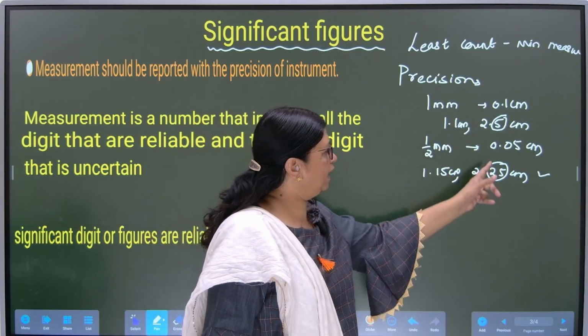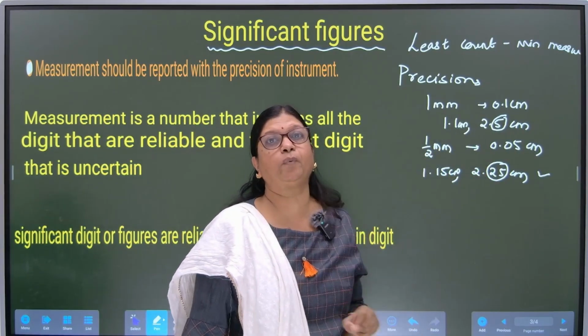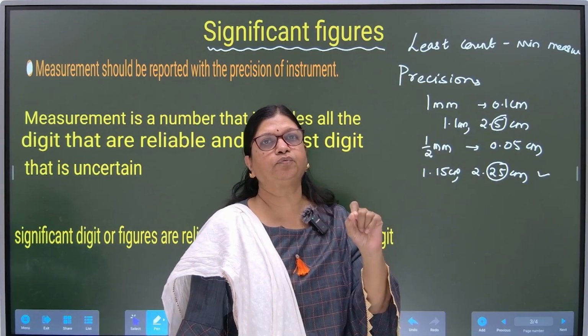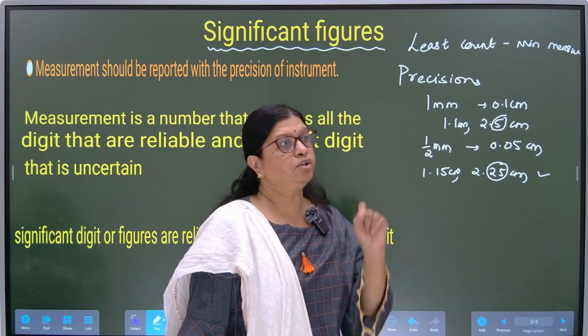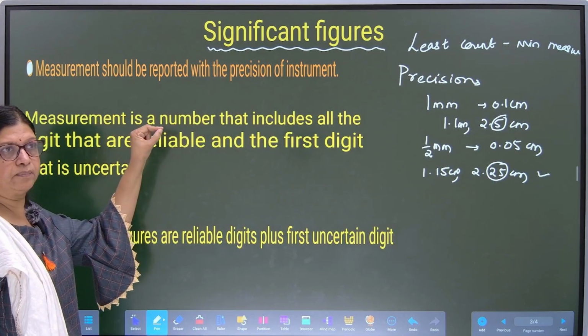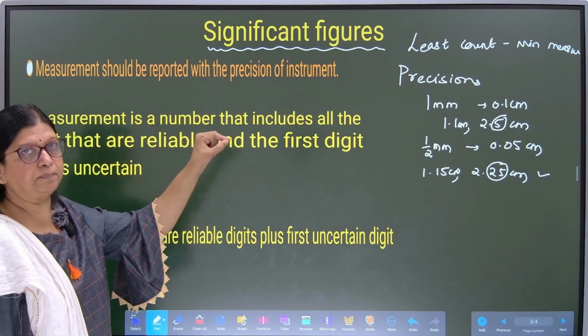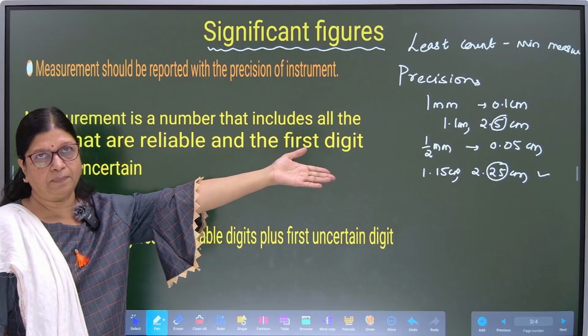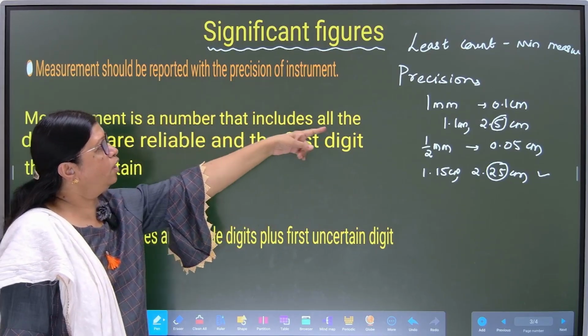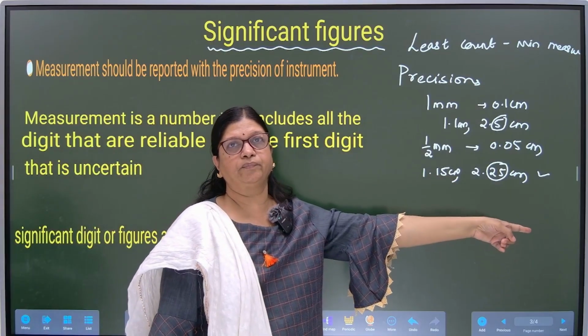So what I have marked after the decimal point is called the precision of the measurement. So when we are talking about the measurement, we have to report, means we have to write the measurement, with the precision of the instrument.